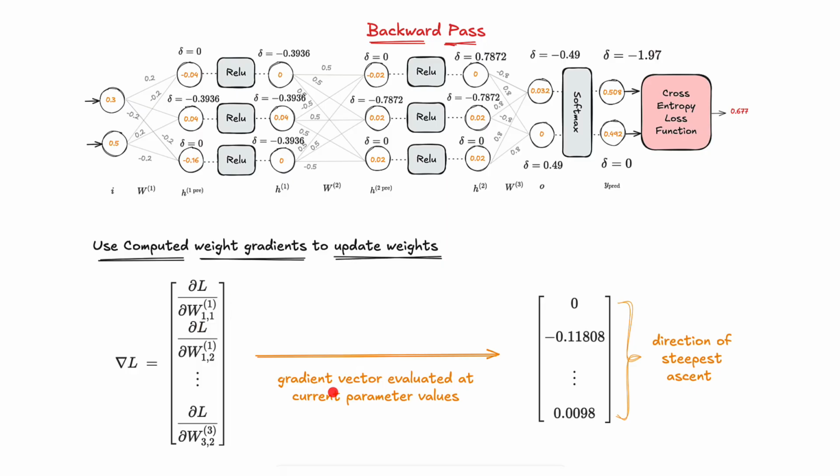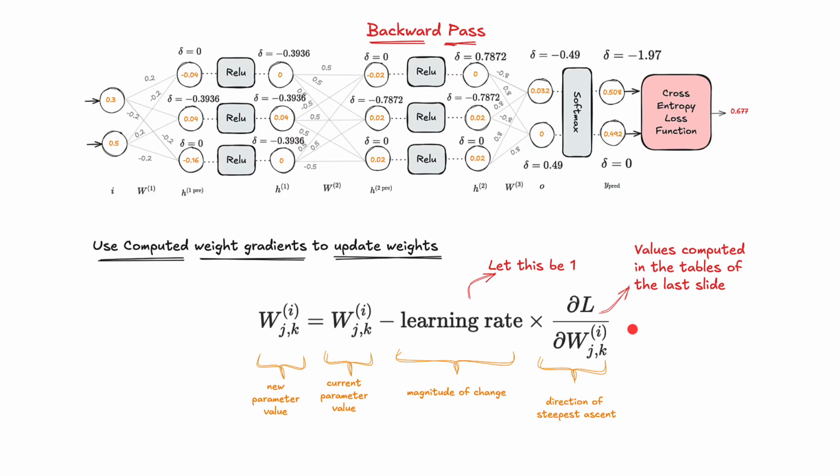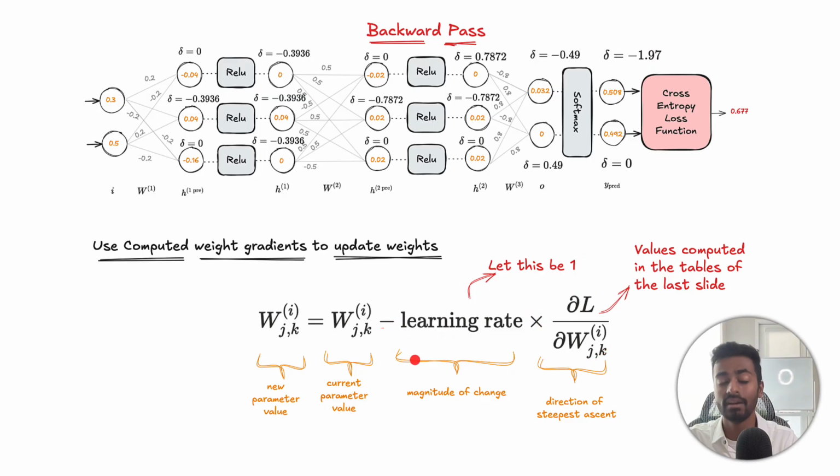So the gradient vector, now evaluated at these current parameter values, will be the values that we just computed in the table. And this vector will give the direction of steepest ascent. But because this is a cost function, we don't want to just ascend with this cost function. We want to descend, and hence we use this negative value. How much we want to descend, we use a learning rate.